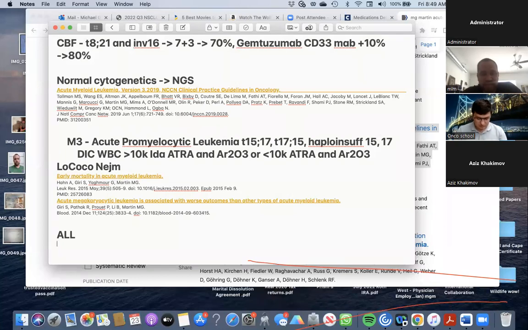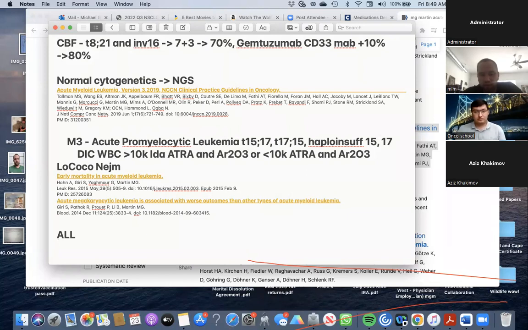So ALL in kids, you can basically use polychemotherapy to cure 80–90% of them, versus in adults, your cure rates fall to the 30 to 40% range because the disease becomes much more genetically complicated.